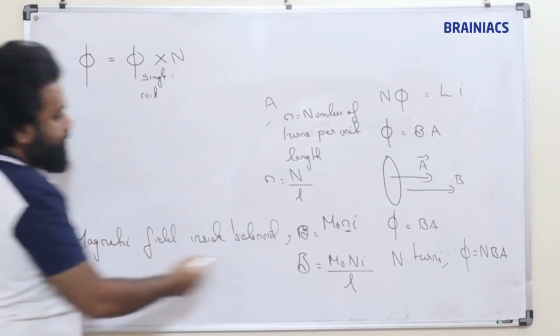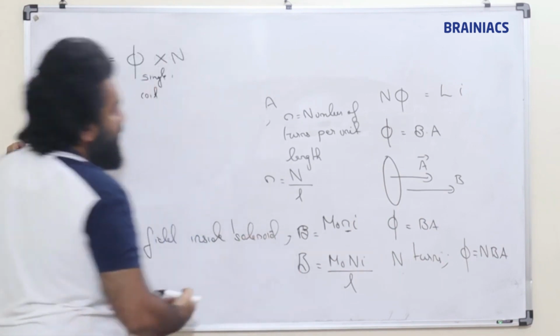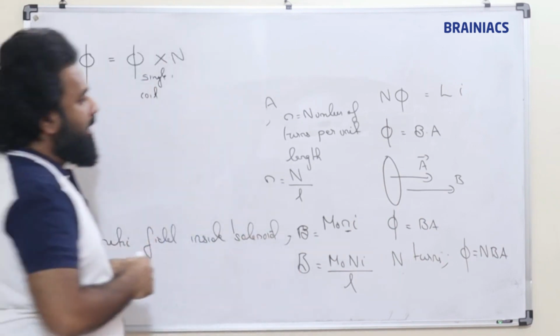Here we already got B is equal to mu 0 n i.